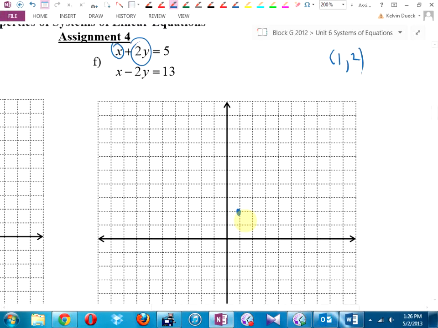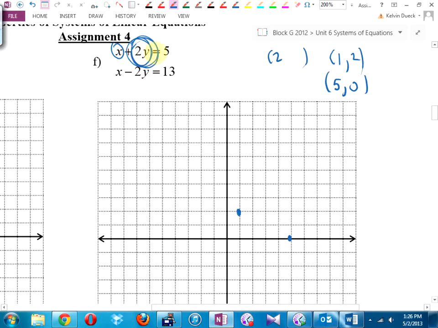Let's try another one. How about if x was 5? I know (5, 0) is 1, 2, 3, 4, 5 comma 0. Now, I did also try x being 2, but if x is 2, what does this have to be? 3.